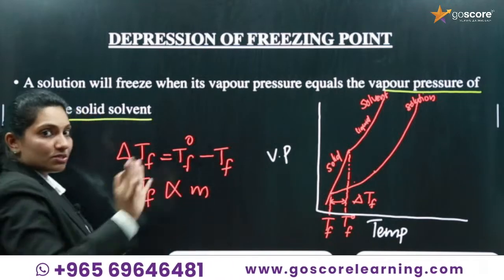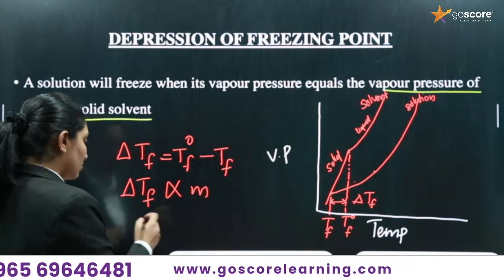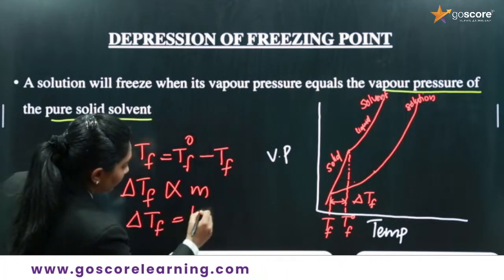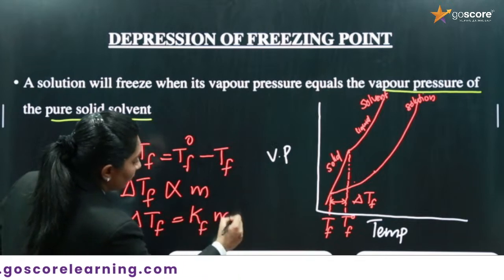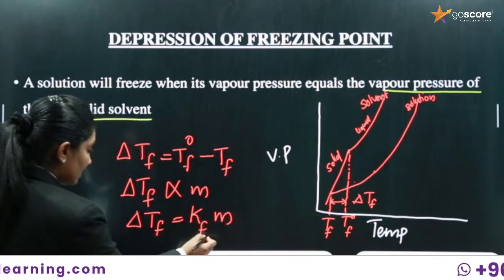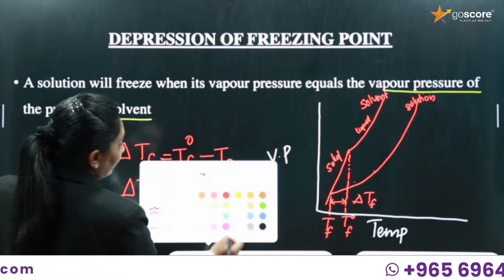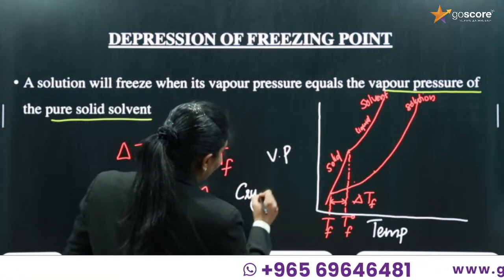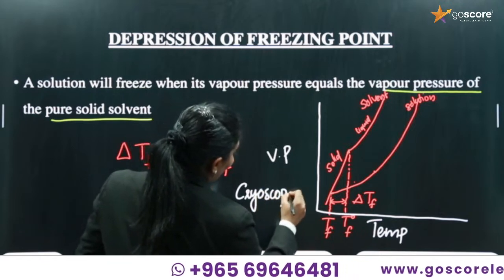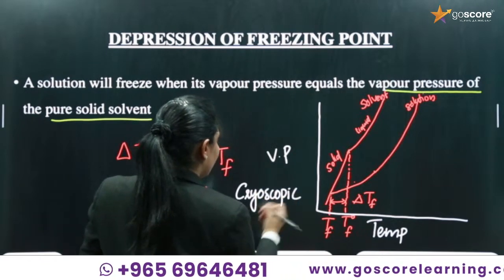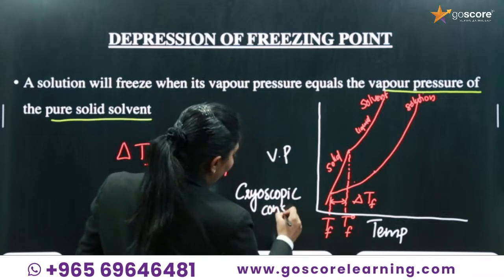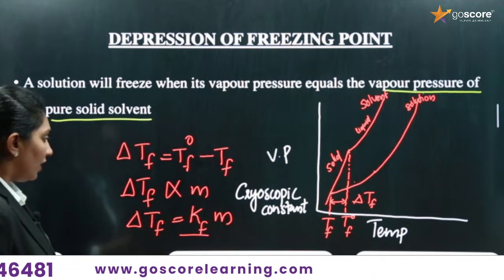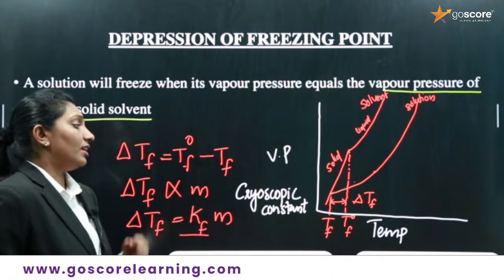The same thing we discussed for the elevation of boiling point. So delta TF is equal to KF into molality. Here KF is called the cryoscopic constant, or depression of freezing point constant.